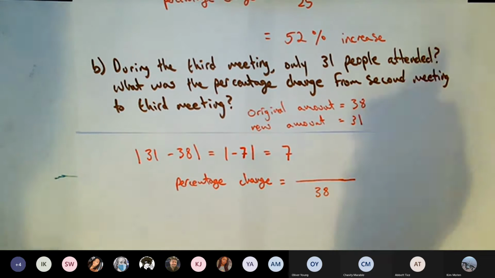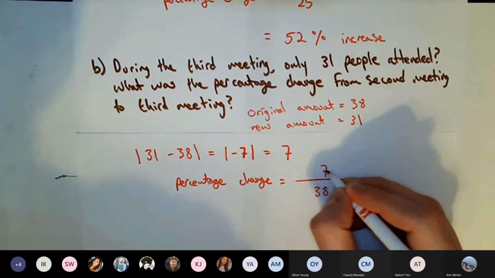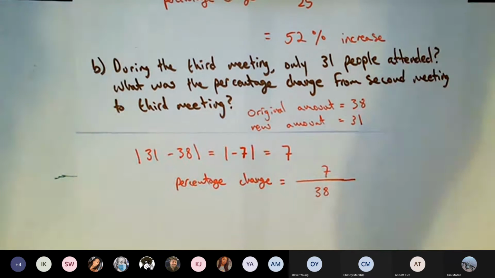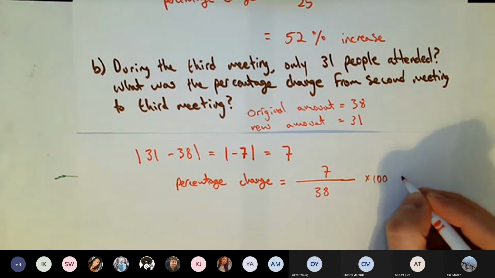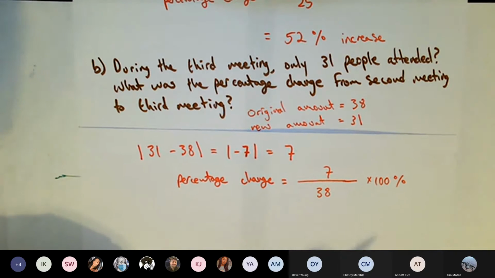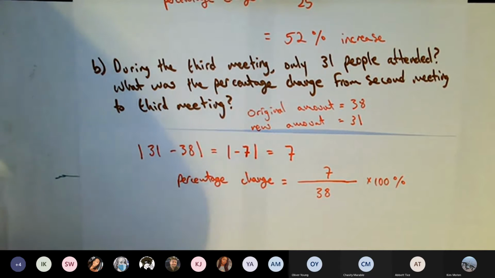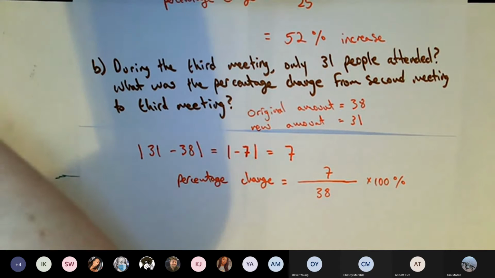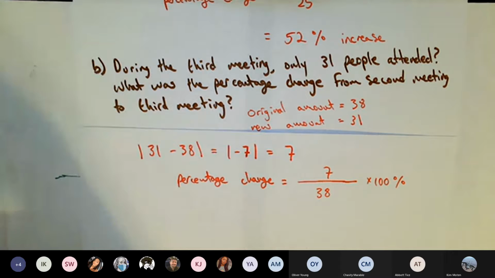So that would be a 38, and then of course that difference goes on top. Okay, so 7 over 38 is probably not a nice number, right?